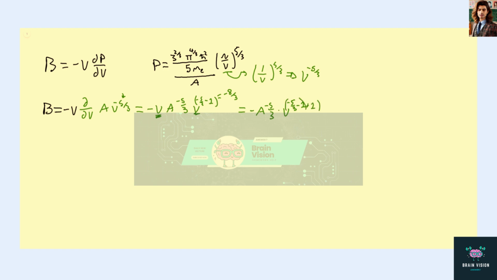But these, of course, cancel. And that leaves us with the bulk modulus is 5/3 times a times v to the minus 5/3. Except that's just what we started with and an extra 5/3 in front of it.